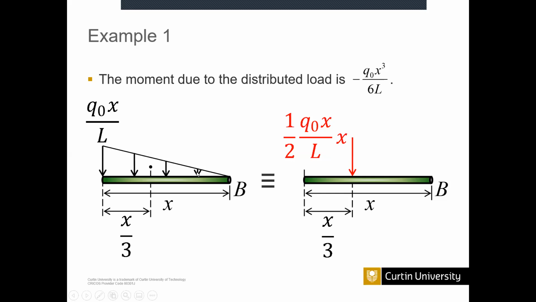Yeah. This is the total load carried by this distribution load as one equivalent point load. So this represents the total load carried by the distribution load here. If you know the area of this distribution load, that is the total load. Are we clear? At this point, this is the load.